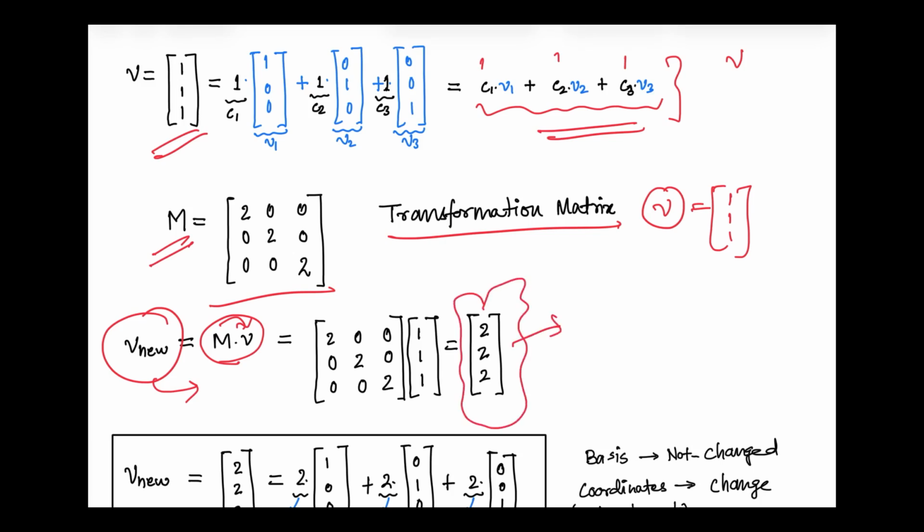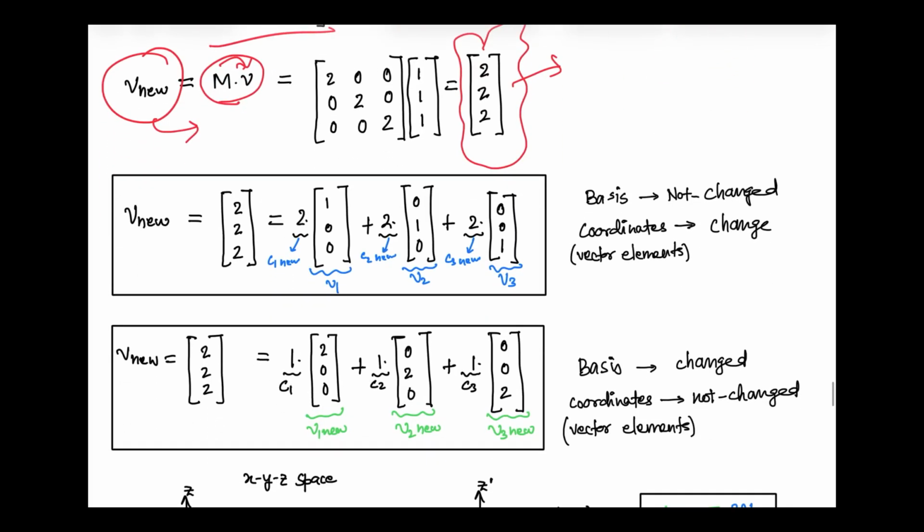Now as we have done in the 2D case, we can look into this new vector in two different ways. In the first way, we keep the basis vectors the same as they are. Then we see a scaling up operation, or a scale up of the coordinates. So now we have new coordinates which are a scaled up version of the previous coordinates. So the new coordinates are 2, 2 and 2.